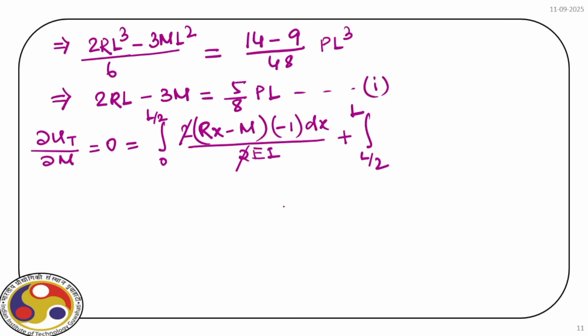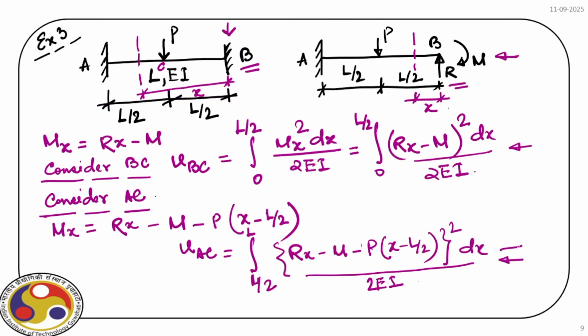So we have Rx minus M minus P times x minus L by 2. So that is the expression within the third bracket. Then -1, the moment we differentiate minus M with respect to M, dx. And this is equal to 0.